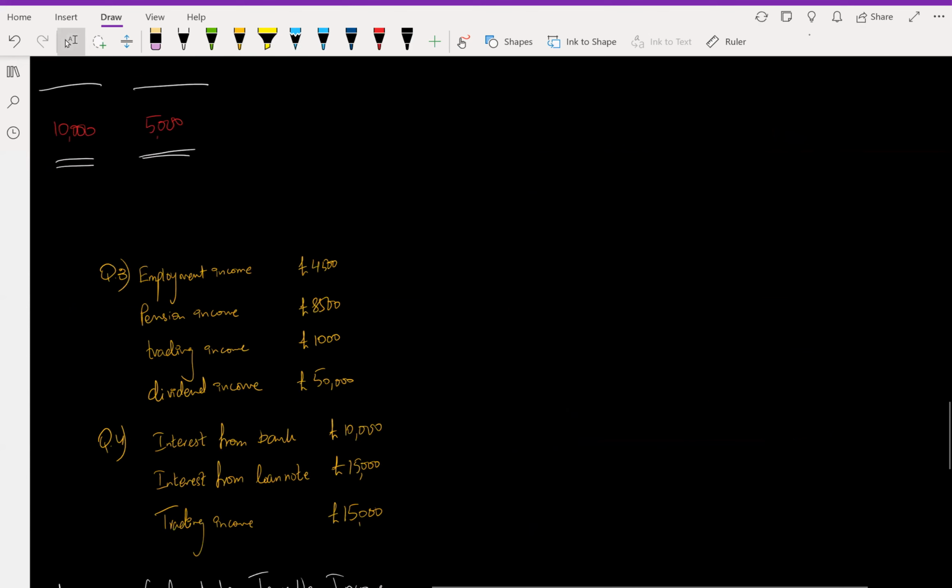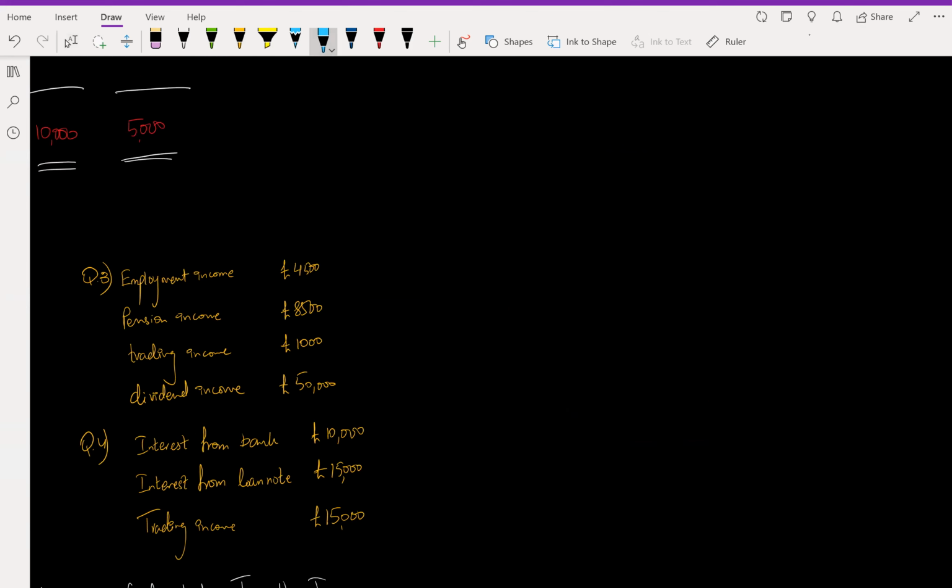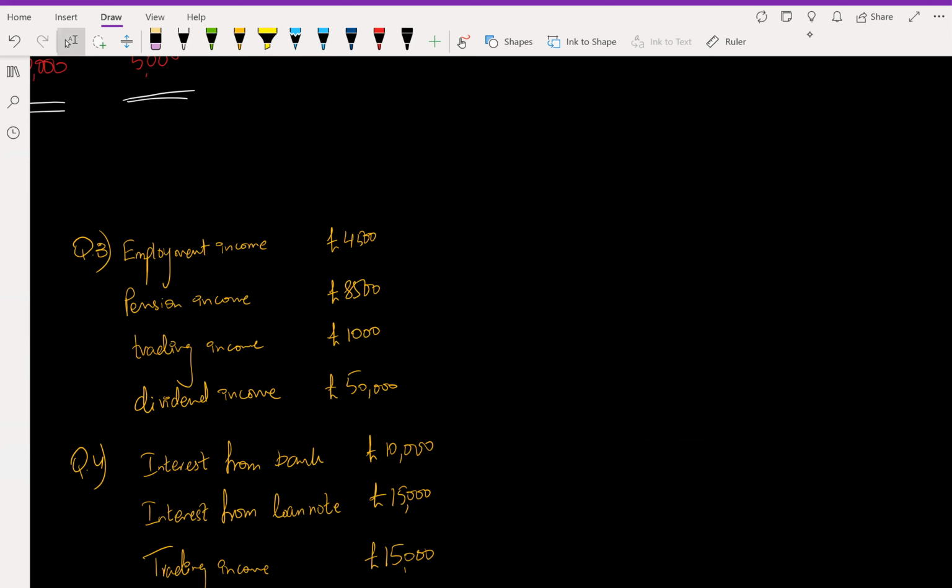Then you've got question number 3. For question number 3, the total non-savings income that you have is basically 4,500 plus 8,500 plus 1,000, right? So that's 14,000. So again, entire personal allowance will be allocated to this. So the non-savings category taxable income that you'll have will be 1,430.